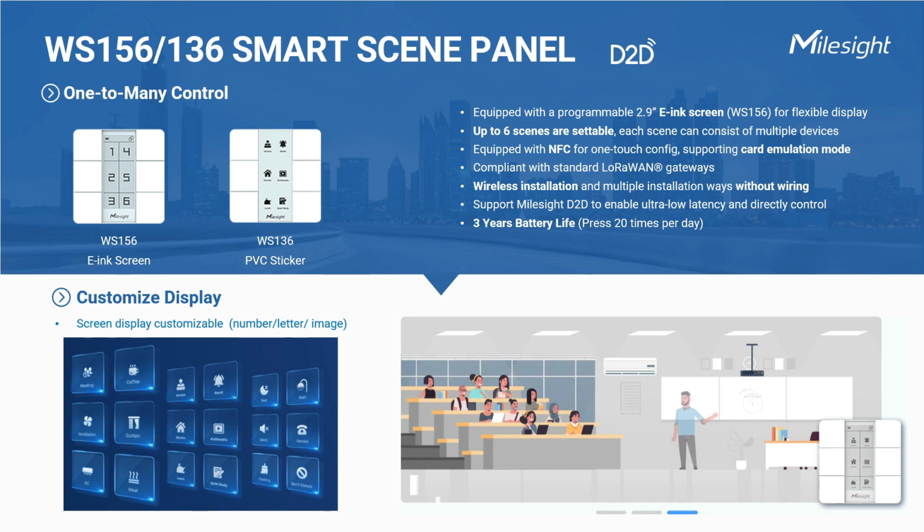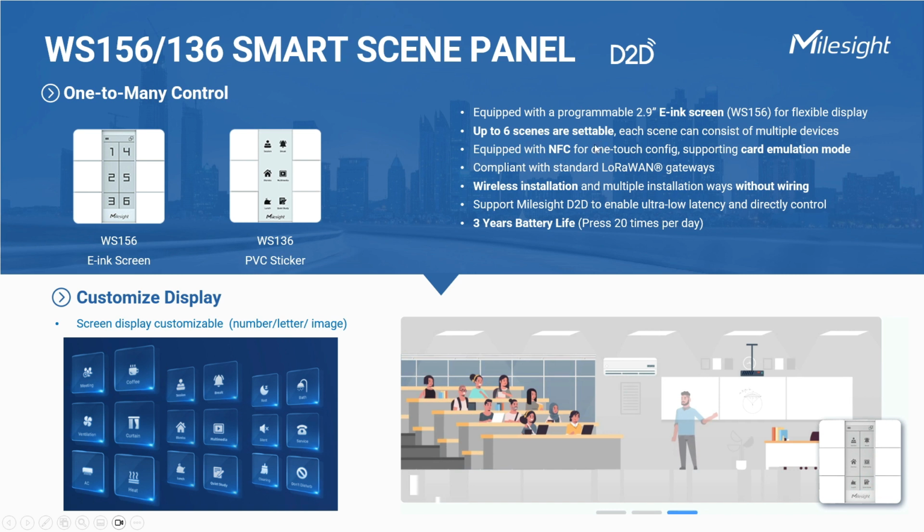From a specification point of view, it features a large 2.9-inch black and white e-ink screen or with only PVC labels, both of them with 6 very fast responsive settable buttons to bring a truly smooth user experience.